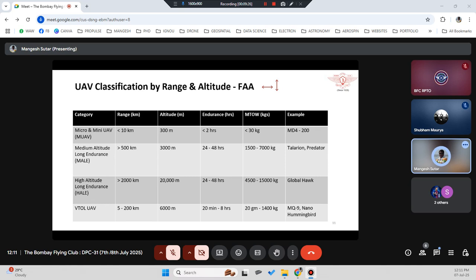Now let's see the first segment of Drone Rules 2021, where I want to manufacture a drone. Let's say Shubham is manufacturing a drone. He has designed a drone and done all the testing. Now he wants to get his drone certified. So how does he get it certified? There is a form on the Digital Sky platform called the D1 form.